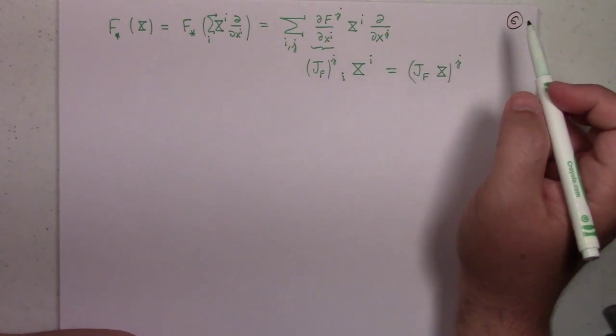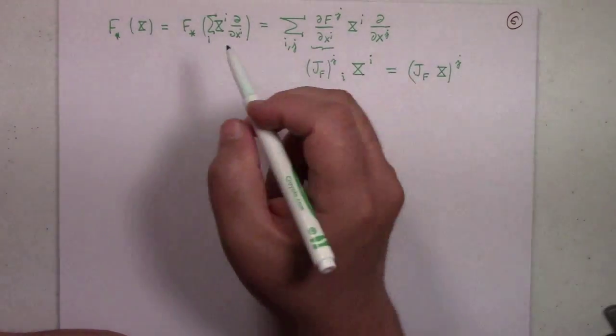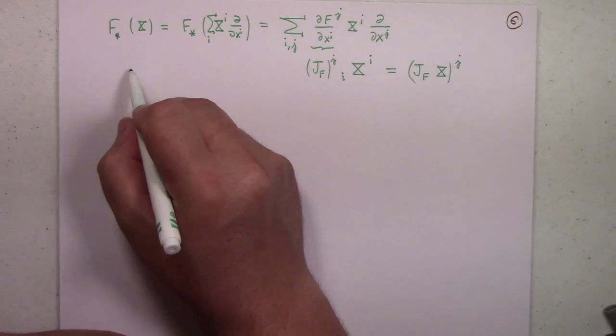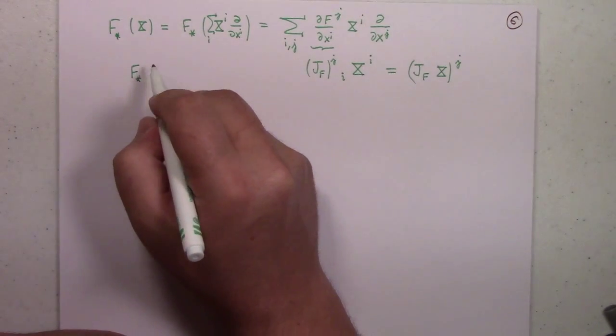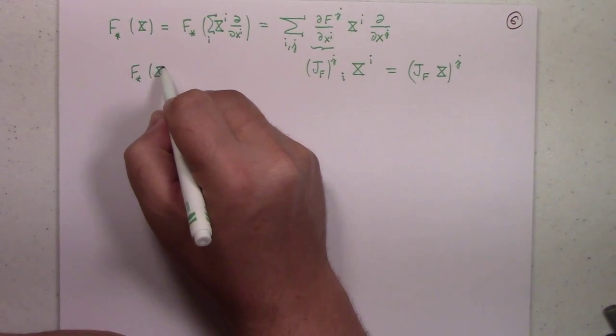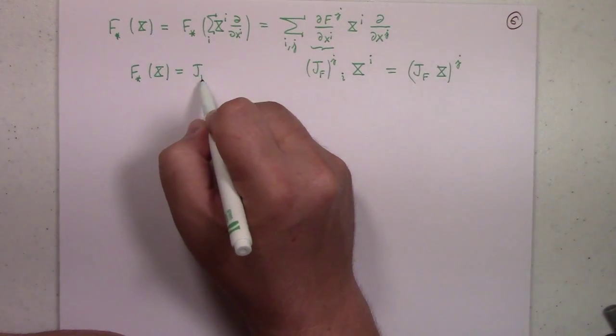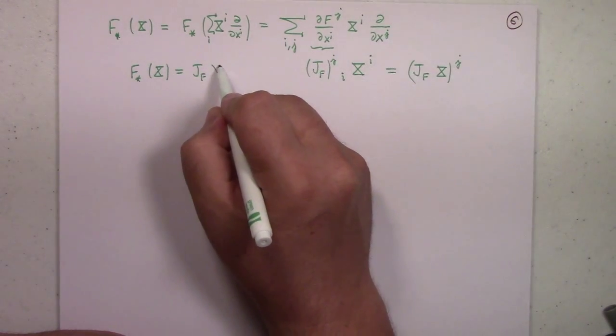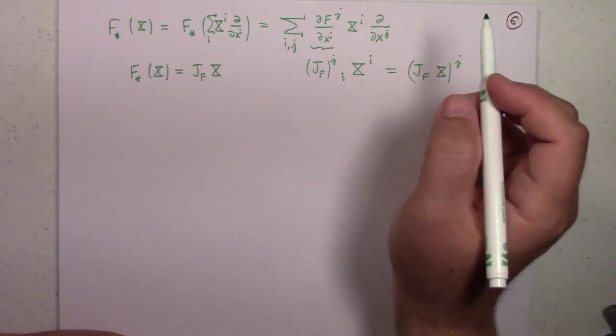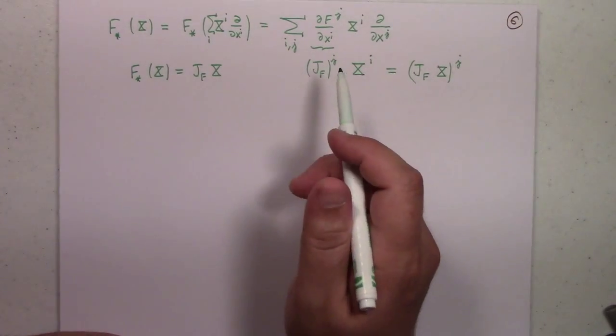The best example of that would be if I'm making that identification, I could write the push forward of X as just equal to the Jacobian matrix of F times X. Of course, this is an abusive notation, but it's a useful one for our purposes in this section.